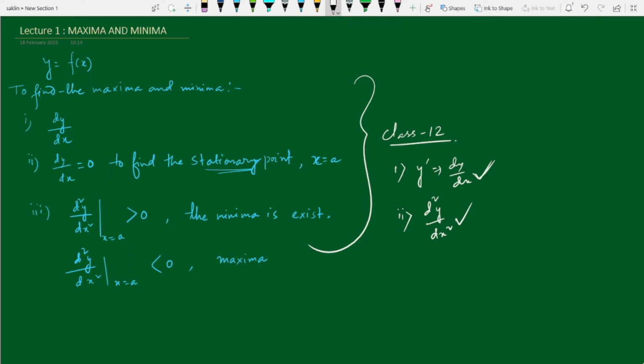That means dy by dx, the first derivative of the function, and the second derivative of the function. Why do we do this? We know that dy by dx represents the slope of the function.